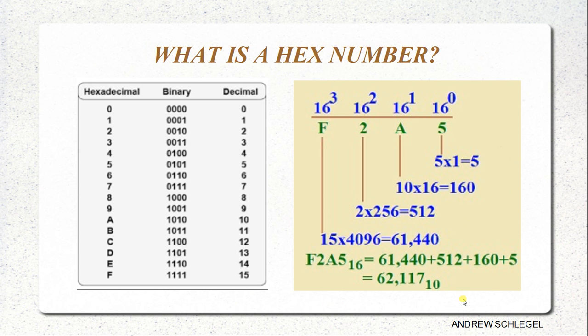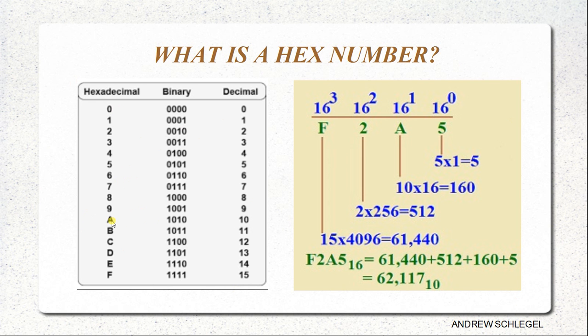Also, this presentation is not really about converting back and forth between hex numbers, binary, and decimal, but we're going to do a quick overview of what a hex number is. A hex number is just what you need to know to get through the rest of this assignment. So you can see the hexadecimal goes from 0 to F, and it has 16 values. The first 10 correlate with the decimal 0, 1, 2, 3, 4, 5, 6, 7, 8, 9.